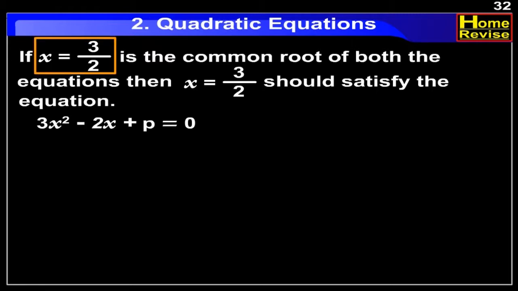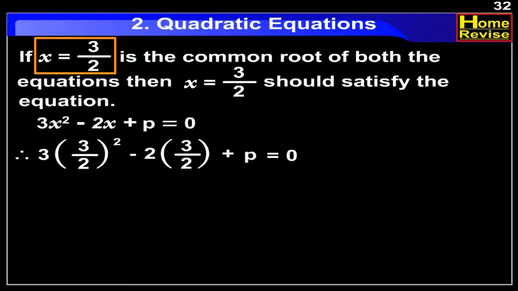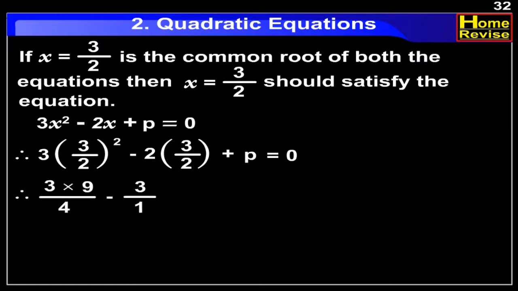Putting x is equal to 3 upon 2 in this equation, we get 3 into 3 upon 2 whole square minus 2 into 3 upon 2 plus p is equal to 0. Therefore, 3 into 9 upon 4 minus 3 upon 1 plus p is equal to 0.